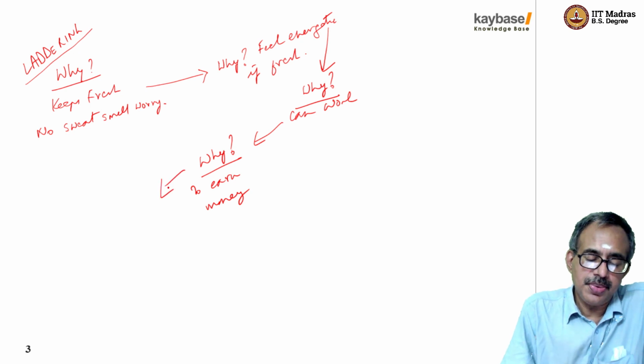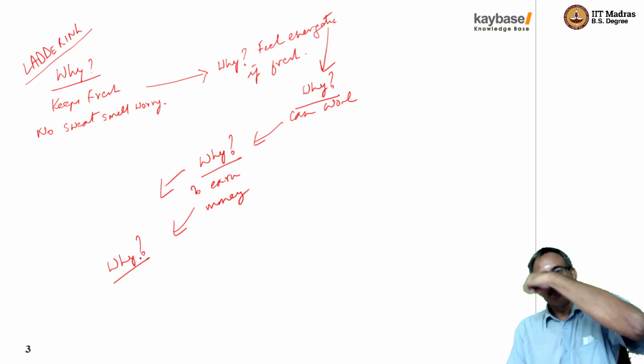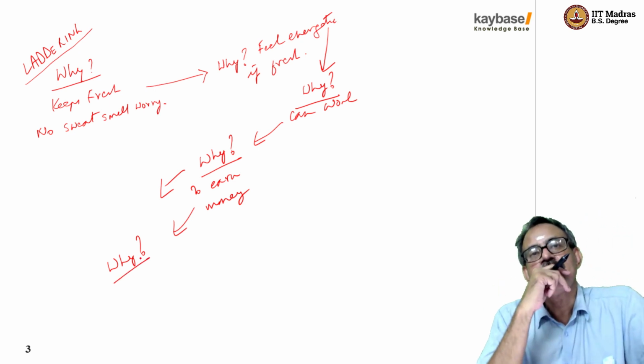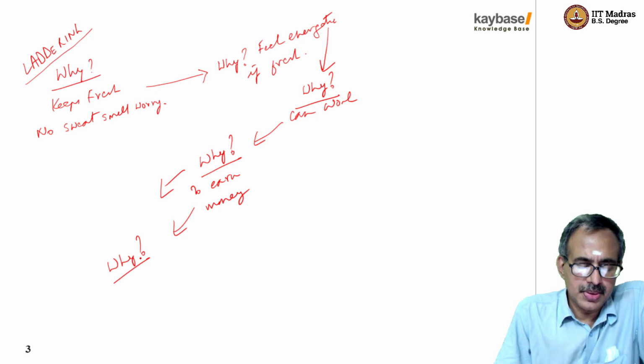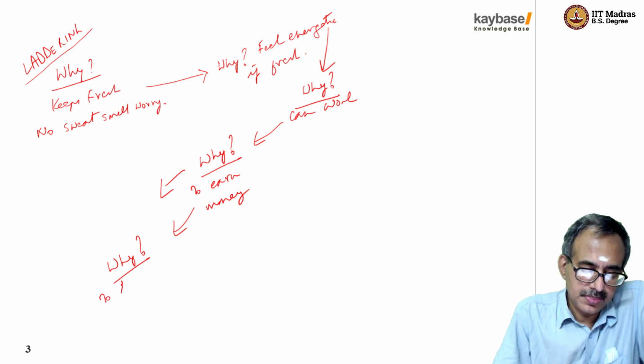So why is it important to earn money? To lead a life. To lead a life or a good life? Good life. What is a good life according to you?